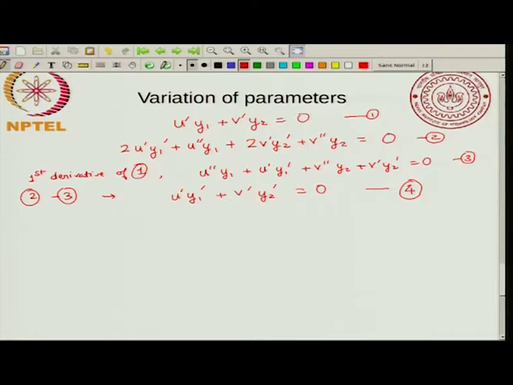Now, if you just look at 1 and 4, this looks like u prime times y1 and v prime times y2, u prime times y1 prime and v prime times y2 prime equal to 0. Sorry, this is not 0, this should be c of x.